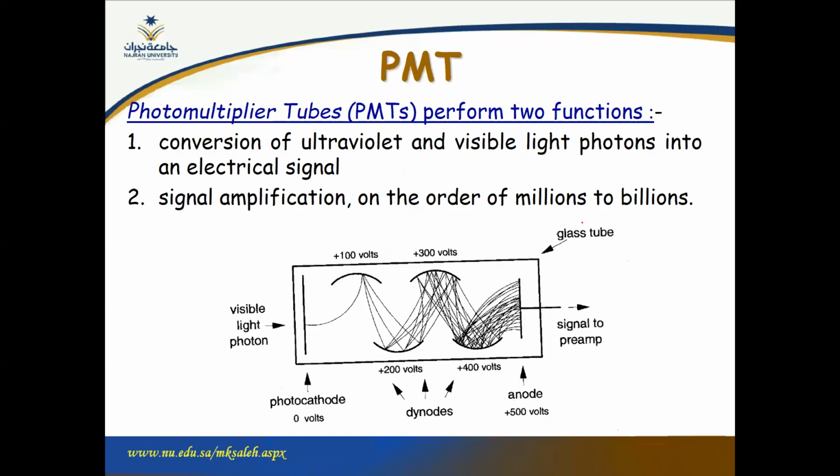In the photomultiplier tube, we have, in fact, two functions. First, it converts the light coming from the crystal.